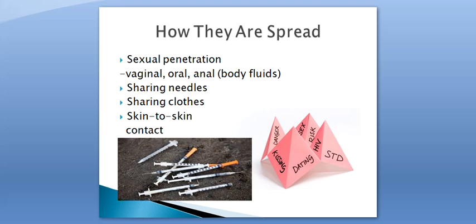So how are STIs and STDs spread? As you all know, the main spread is going to be through sexual penetration, and that can be through different ways, which is vaginal, oral, anal, basically anything where you are spreading and you are going to be mixing bodily fluids, okay?